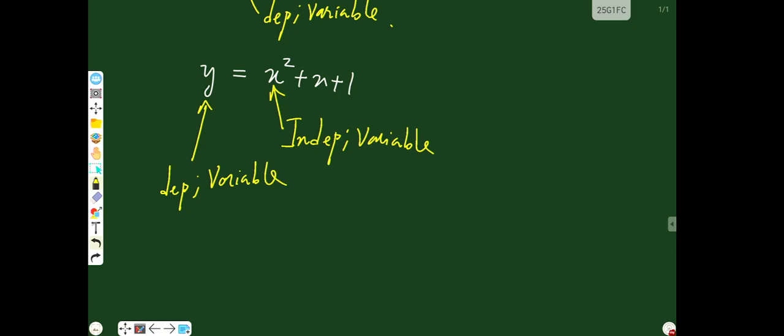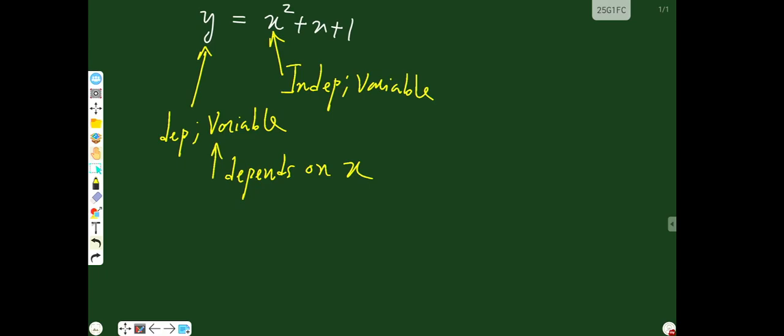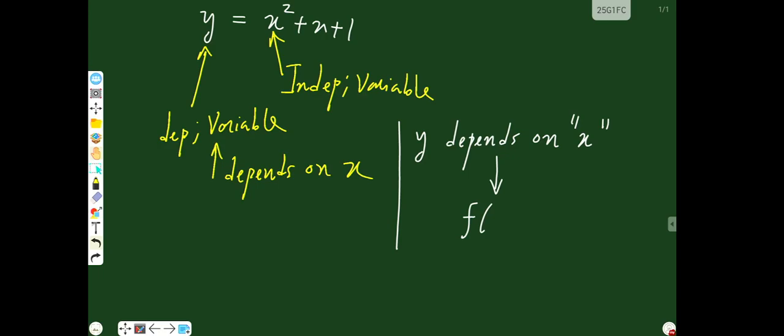Now y depends on x. However, that is not written. So to make sure, or to convince, that y depends on x, we are using a different notation, f of x.